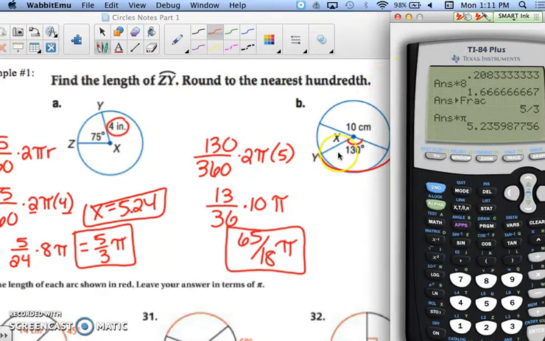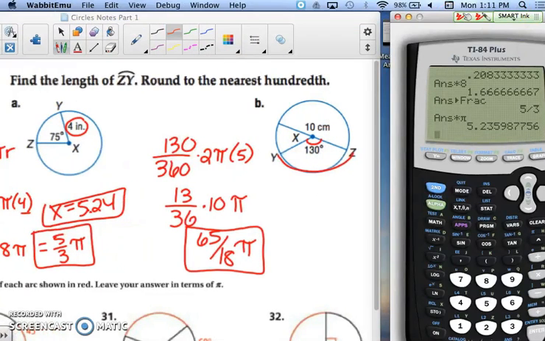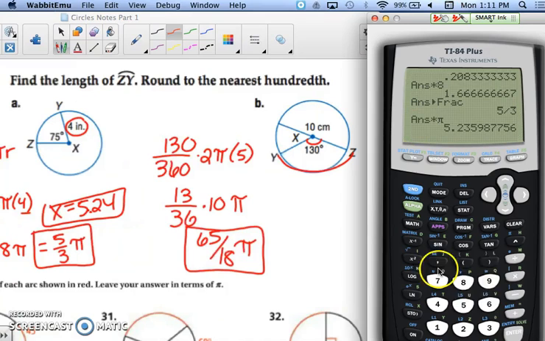Again, on part B, I used 130 and I cut 10 in half to get 5. So I got 13 over 6 times 10, which I simplified without a fraction. So let me type that in: 65 over 18. And then I want to times that by pi.